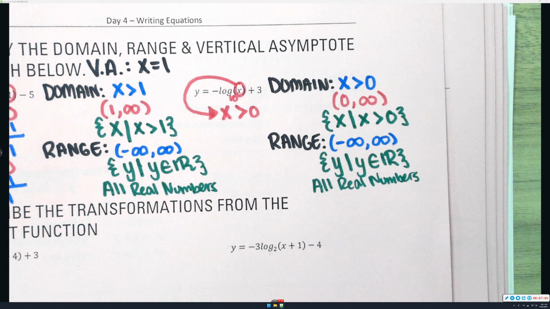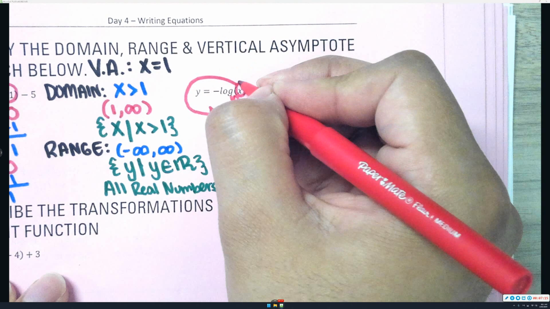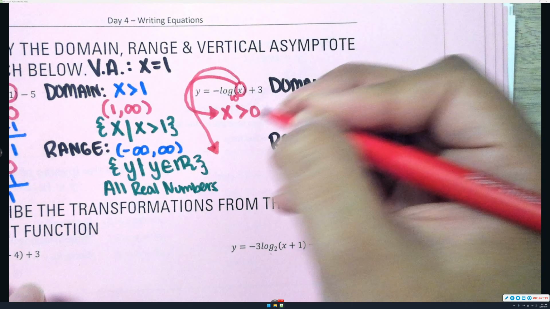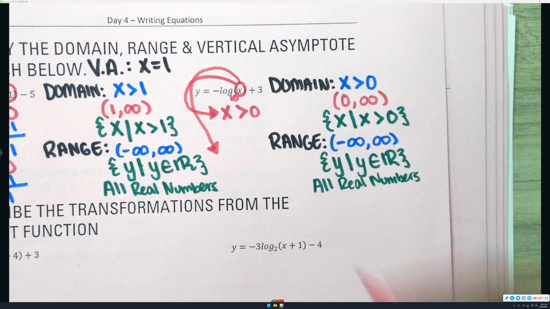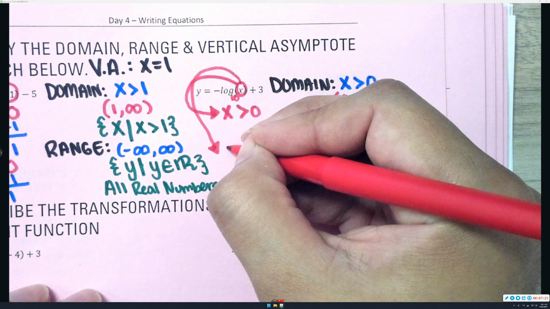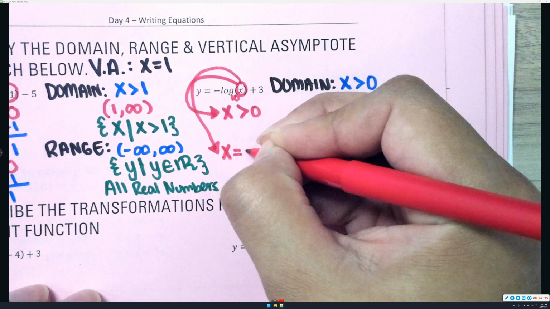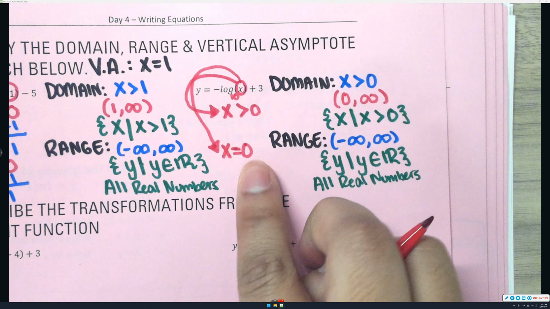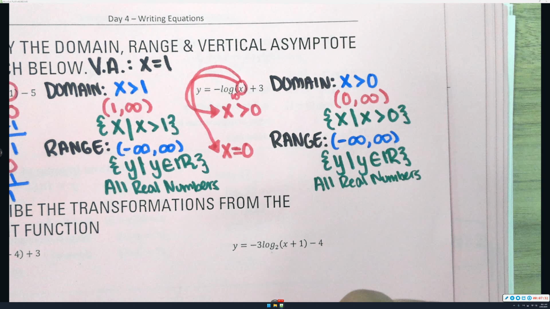Okay? Finally, we then have the vertical asymptote. Keep in mind that the vertical asymptote is derived in the same format as you found domain, which is by doing what? We take the terms within the parentheses and we set them equal to 0, and we isolate for x. If you look at this one right here, we have x equals 0, so x is already all by itself.